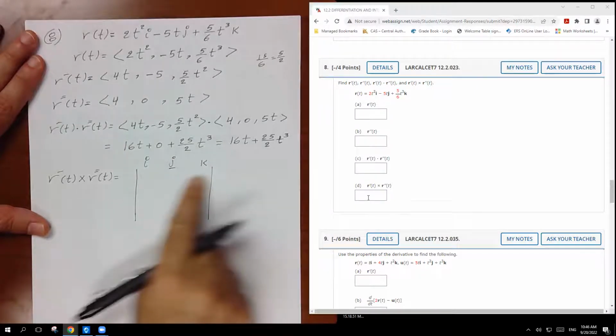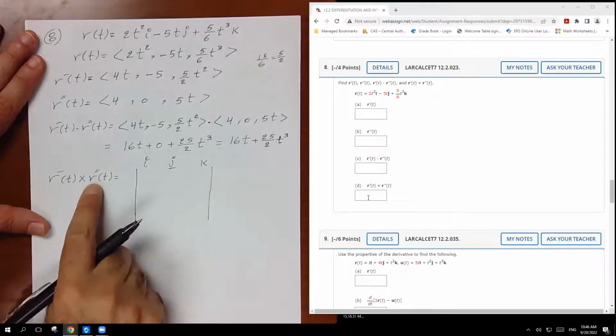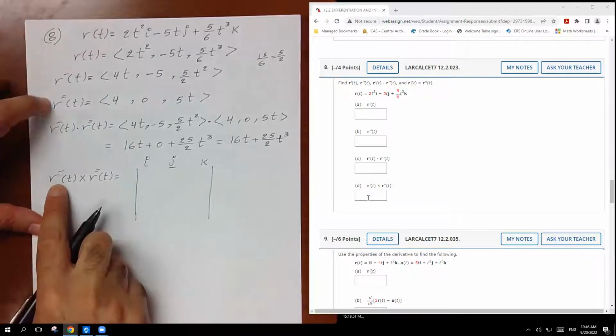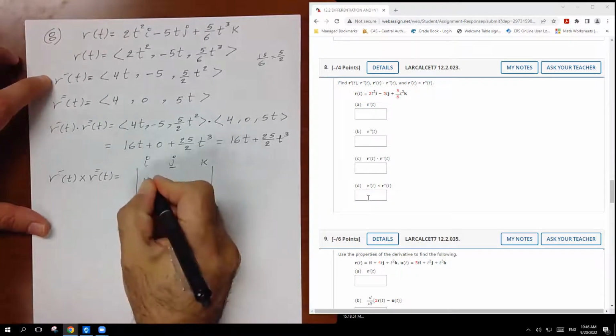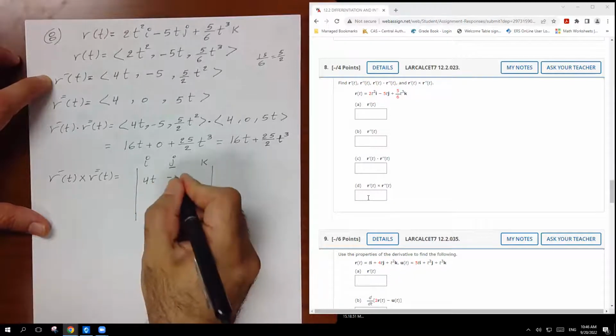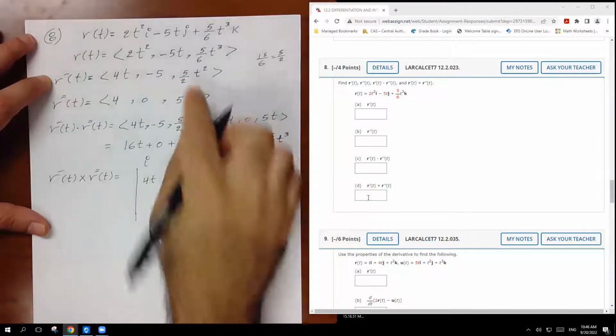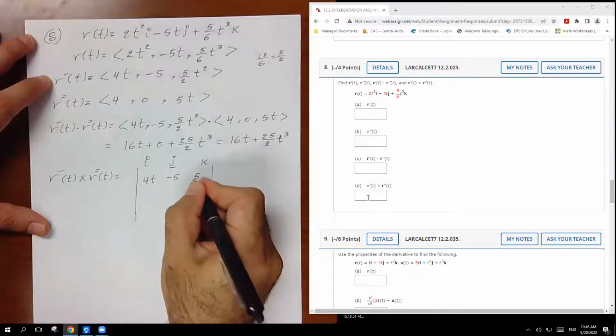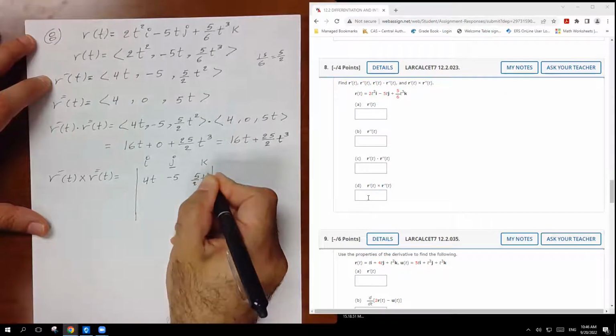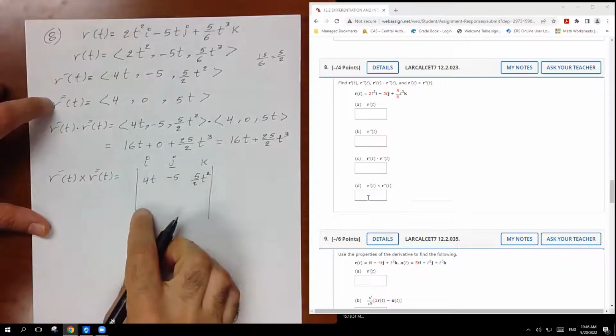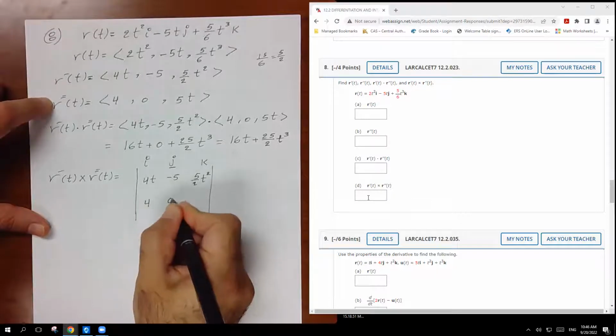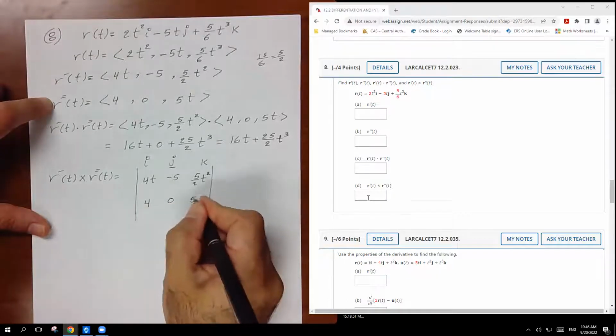Always I'm going to write down r prime here. The second one is going to be here. So r prime is going to be 4t and negative 5 and 5 over 2 t squared. And the double prime is going to be 4, 0, and 5t.